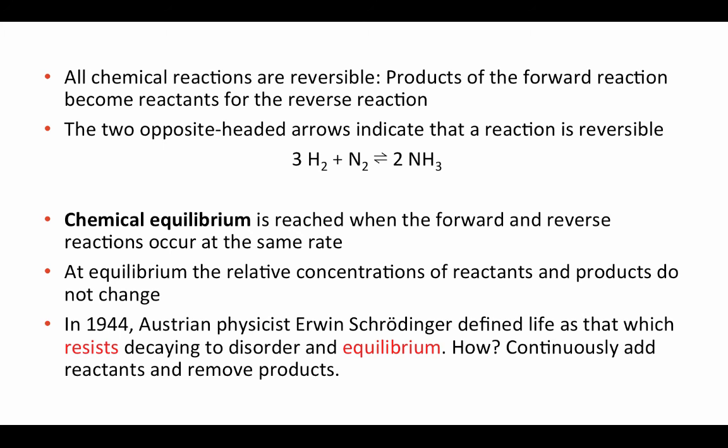How do you keep equilibrium from happening? The way you do that is to keep adding more of the reactants and keep removing the products. You've got a steady supply of large amounts of reactants and small amounts of products. It's going to keep that reaction moving in the forward direction and keep it from reaching equilibrium.